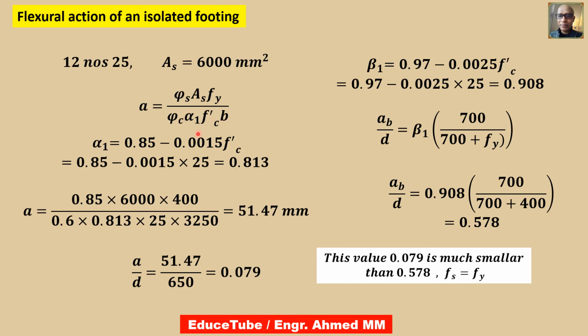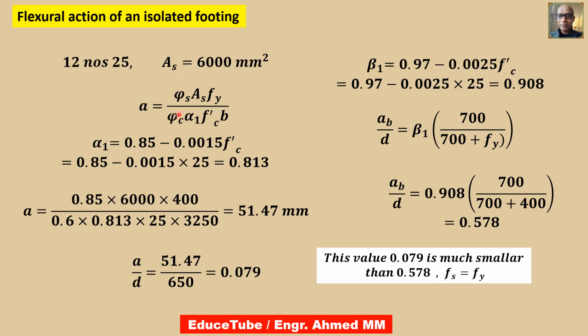But we need to find alpha 1, using this equation as given by the code. So we find this alpha 1 value, 0.813.